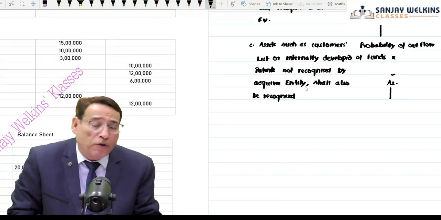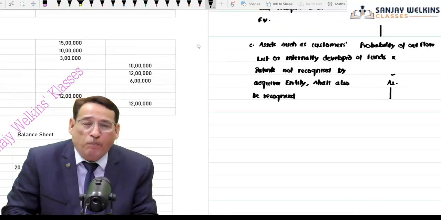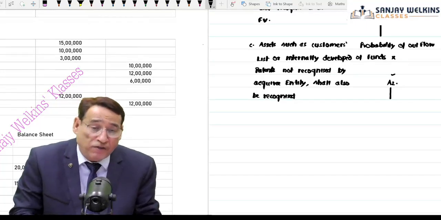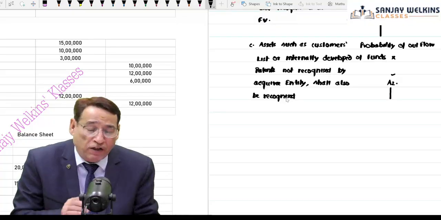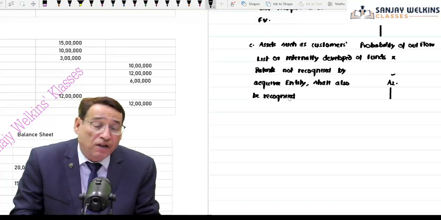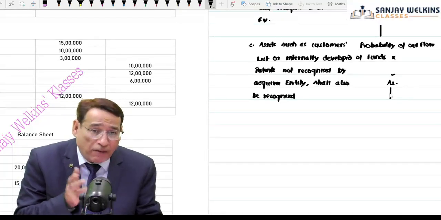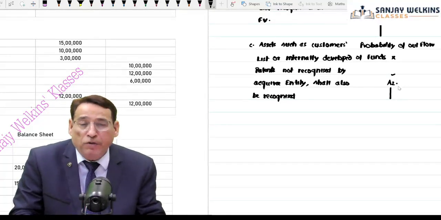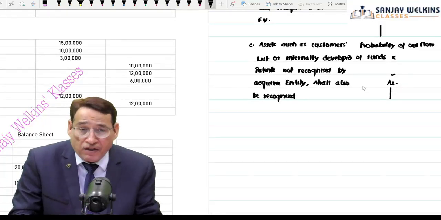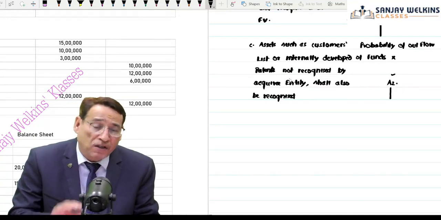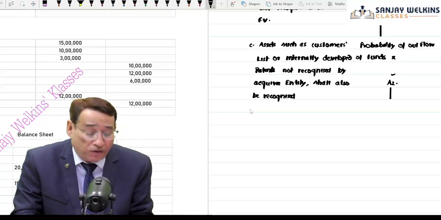So it could be a possibility that when we are taking control, the other enterprise might not have recognized some items as an asset, which actually are assets, especially in the light of Ind AS 38, correct? There may be some items which should have been recognized as an asset, but somehow our acquired company hasn't recognized them. So even such assets, Ind AS 103 states that you are going to recognize. Is it clear to you or not?